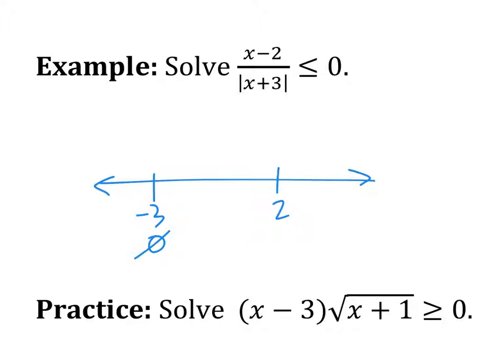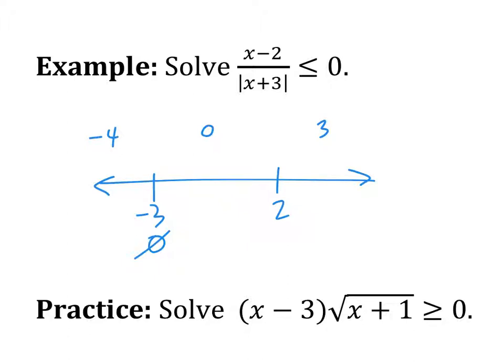Okay, let's pick numbers. What's a number smaller than -3? What's a number between -3 and 2? Bigger than 2? Good. If I put in -4 in the numerator, is it positive or negative? Negative. If I put -4 in the denominator? Positive. In fact, what's interesting about the denominator?